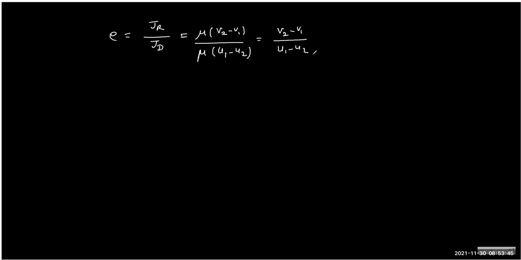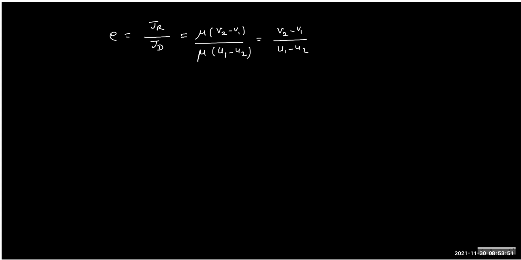The definition of e, which is the actual definition, is impulse of recovery upon impulse of deformation. And this must be equal to mu times V2 minus V1 upon mu times. Now you can see this will lead to the same formula as we defined by Newton's law of collision. So the mu gets cancelled out, right?